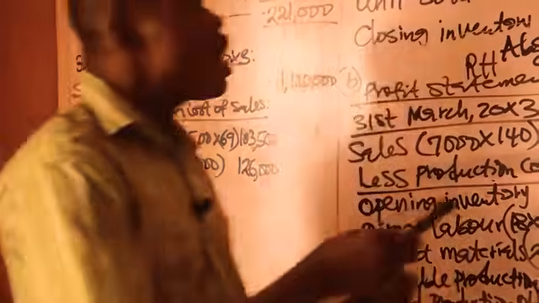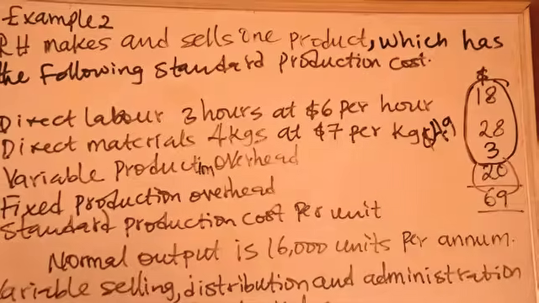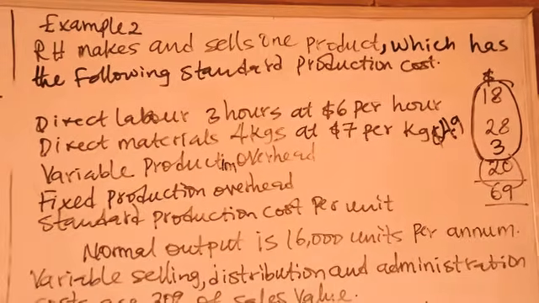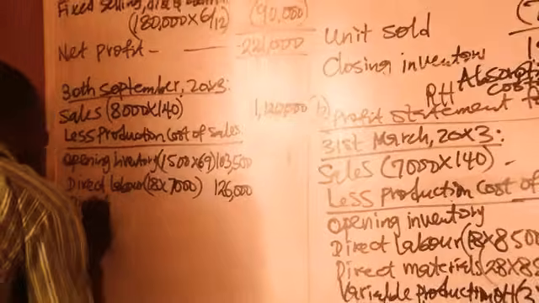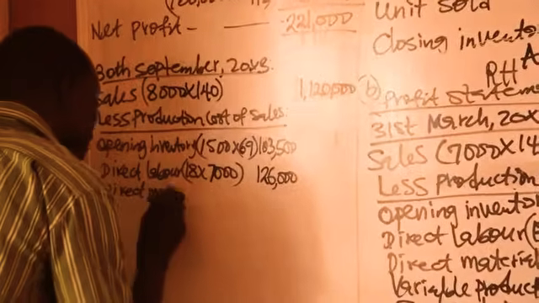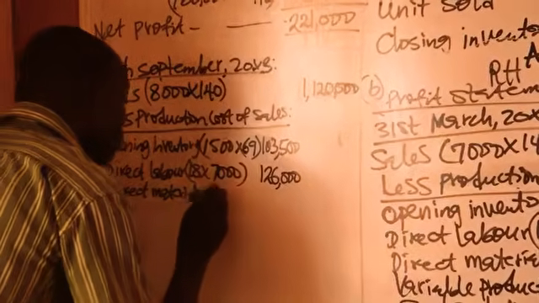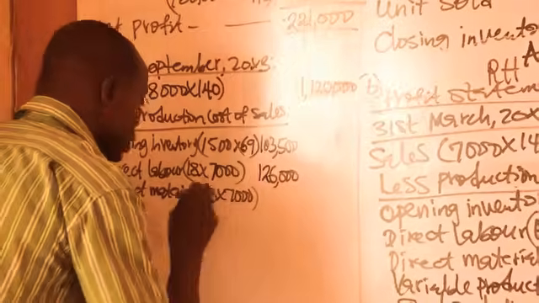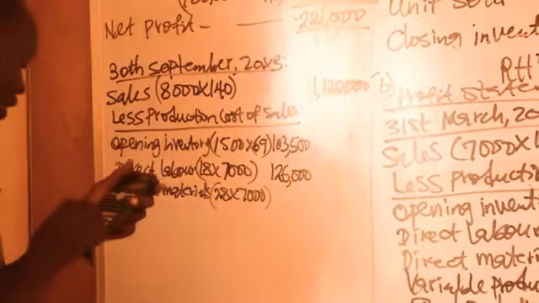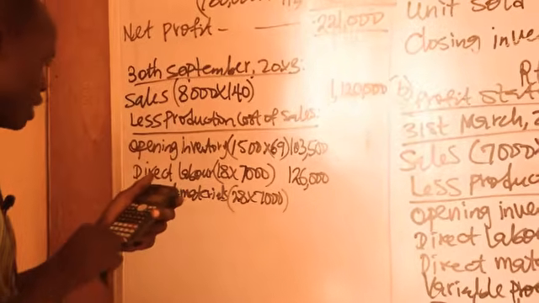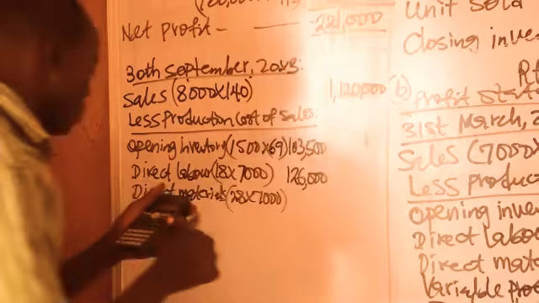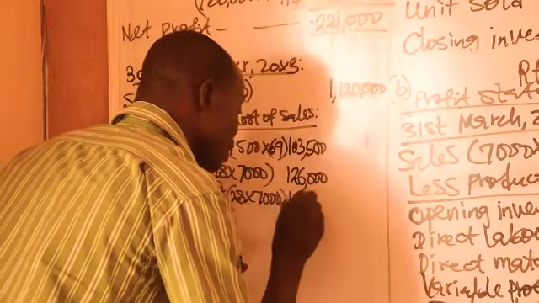Then we also have the direct materials, $28 multiplied by units produced of 7,000. 28 times 7,000 will give us 196,000.